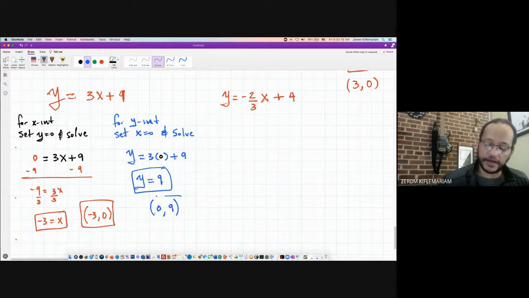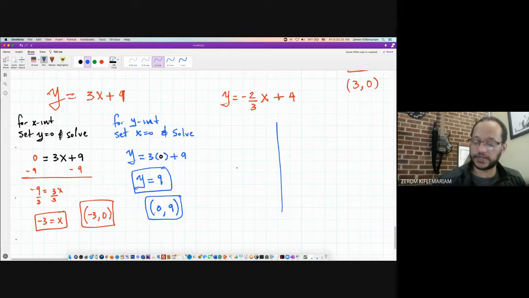So if I graph that, just a sketch kind of thing. Negative 3 and 0: negative 1, negative 2, negative 3. Negative 3 would be right here. That would be my x-intercept. 0 and 9 would be 1, 2, 3, 4, 5, 6, 7, 8, 9. 9 would be somewhere here.